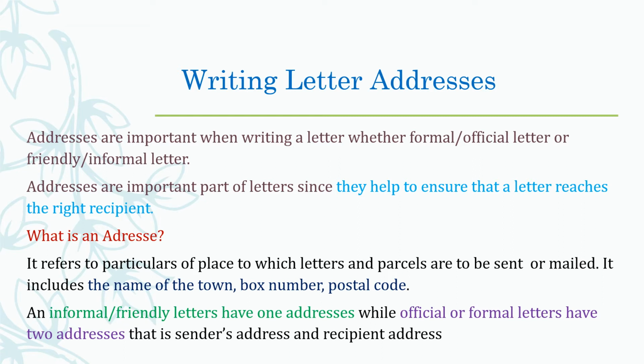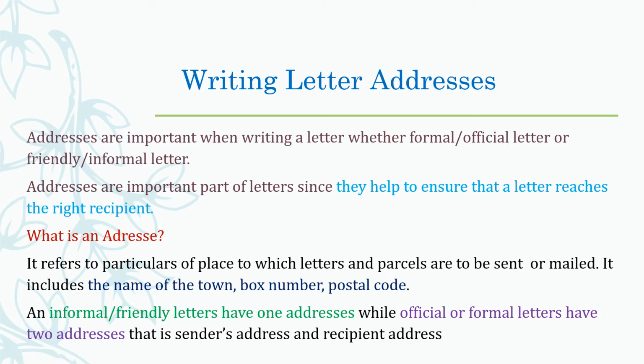Something to note is that when you are writing these addresses, it must include the name of the town, box number, and also the postal code. It is also important to note that informal or friendly letters have one address, while the official letters, which are also referred to as formal letters, have 2 addresses, and that is the sender's address.